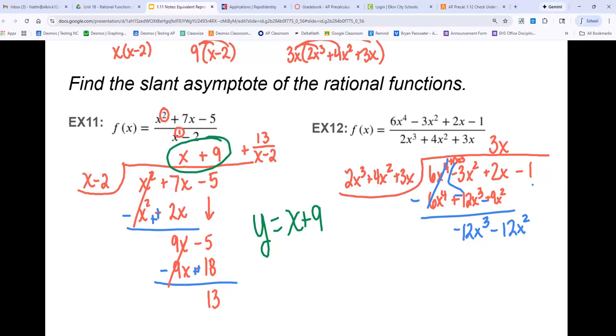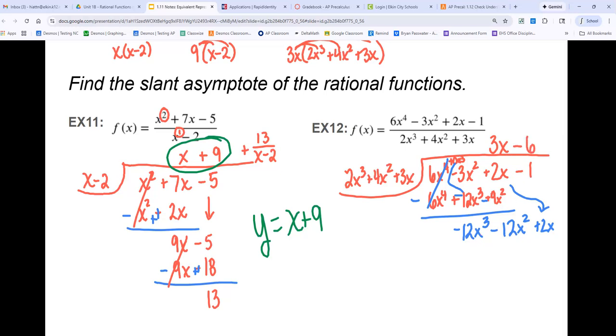And then I just bring down the 2x. Okay, then I'm going to ask myself, what times 2x to the third would give me negative 12x to the third?